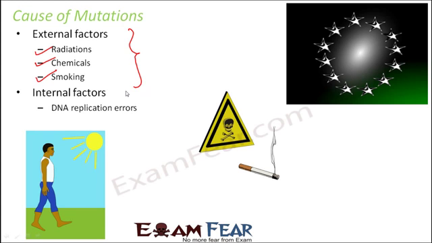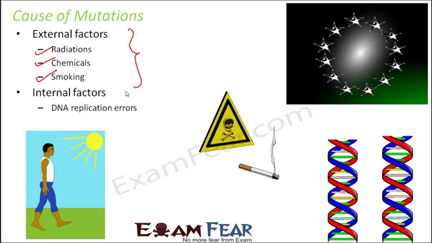The cell tries to repair it, but the repair is not always done in the perfect way. So there is some loophole, and that loophole is seen as a mutation or a change in the genetic material. This is how mutations can take place inside an individual.